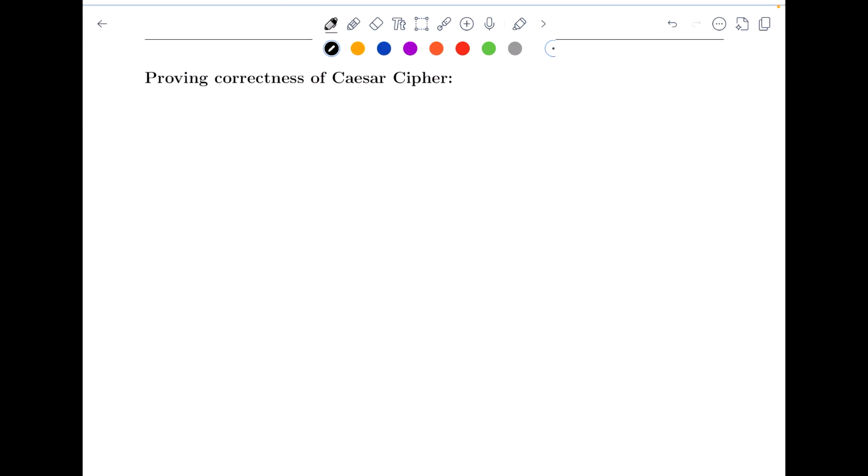And so now that we have that Caesar cipher formally defined, we can actually prove the correctness.